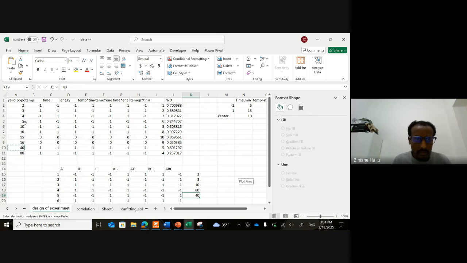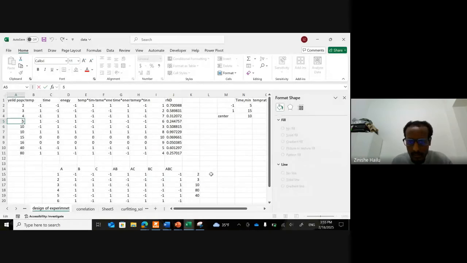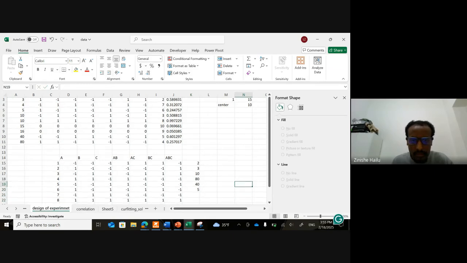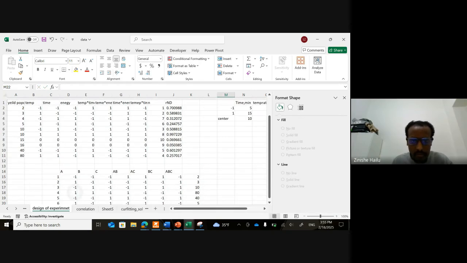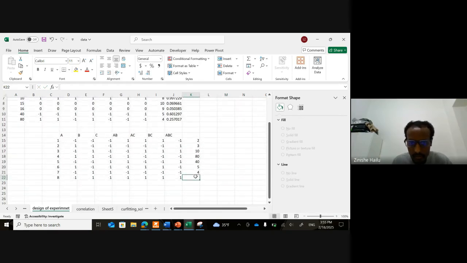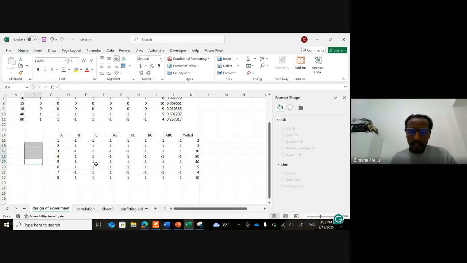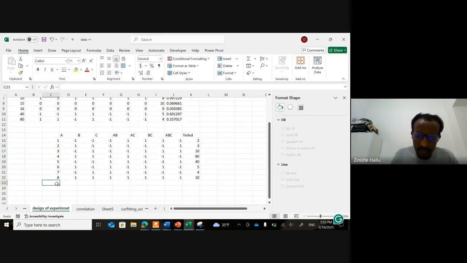And 6 is here. 5, 7, 4, 8, 10. This is the yield, popcorn yield. Now I will put the center point, which is the midpoint, 0, 0.